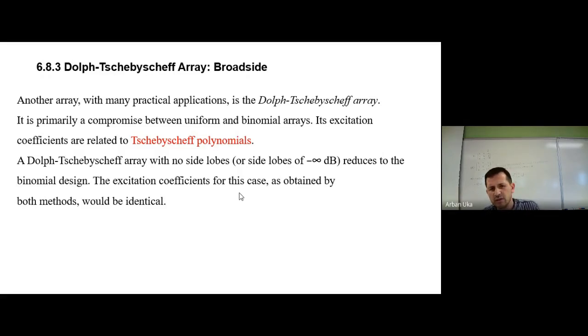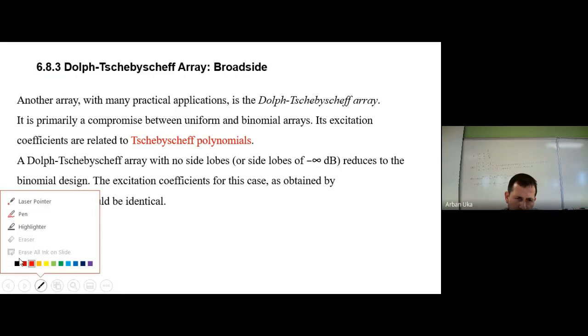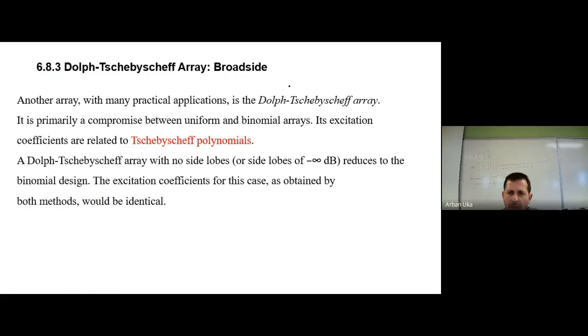If we use the Chebyshev polynomials, the array will be called the Dolph-Chebyshev array. The Dolph-Chebyshev array is called that whenever we use these types of polynomials, of which we're going to talk in detail about how they look.